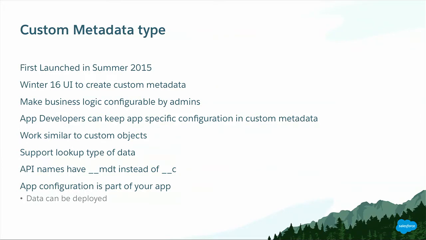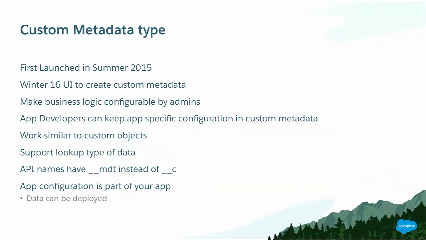Only the code or the functionality of configuration get deployed. Because the custom metadata type's main goal is to support configuration, to support metadata, it allows your records to also be migrated, deployed from one Salesforce instance to another Salesforce instance. That is the big differentiator that the custom metadata type provides.